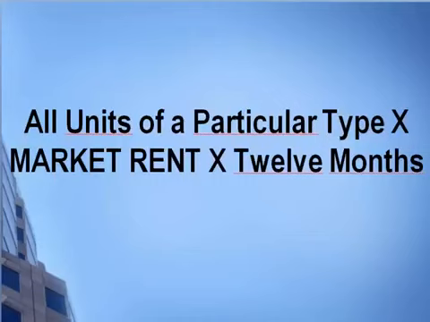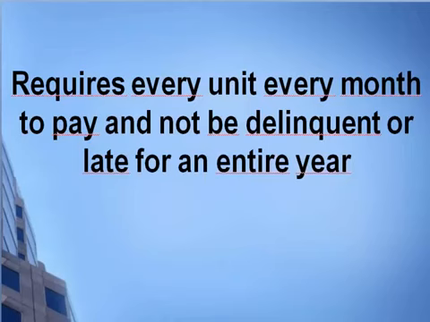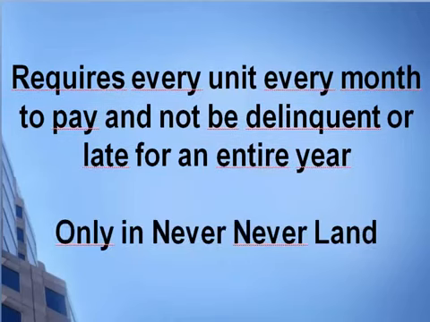Now, what this requires is that every unit, every month, has to pay their rent and not be delinquent or late for an entire year. Think about that for a second. Under what circumstances will that happen? Only in one place. Never Neverland. It doesn't happen in any other type of property.